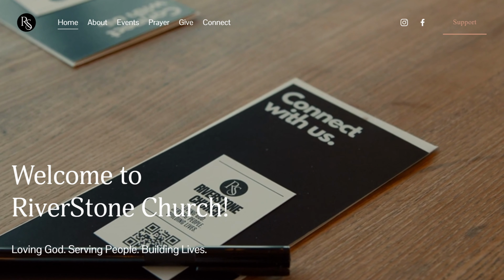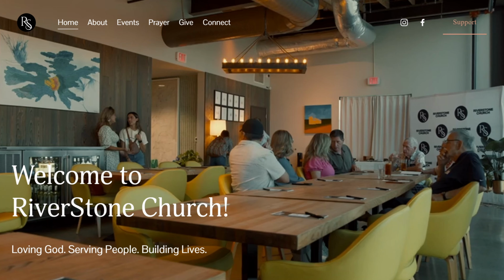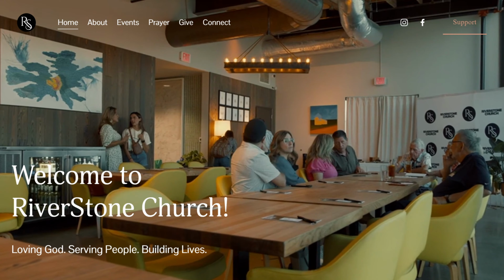People connect to people. I mean, don't you want to see someone on a church's website? Don't you want to see a real person? Ideally, and that's why I always say don't use stock footage or stock pictures on your church website, because that's just not the same. It has a feel to it.